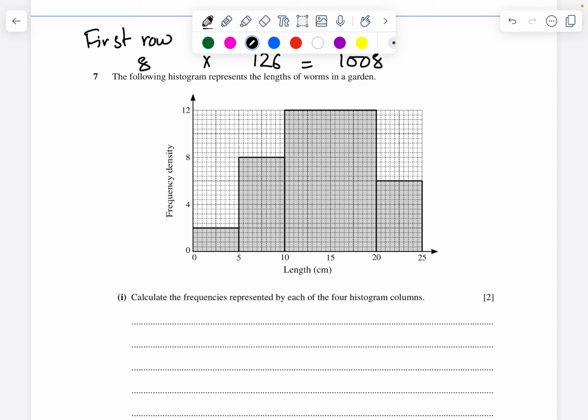So first of all, for that, I am going to take the heights. What is the width of the first one? 5 is going to be the width of the first one. We need to calculate the height of the second one. What is the height of that particular bar?